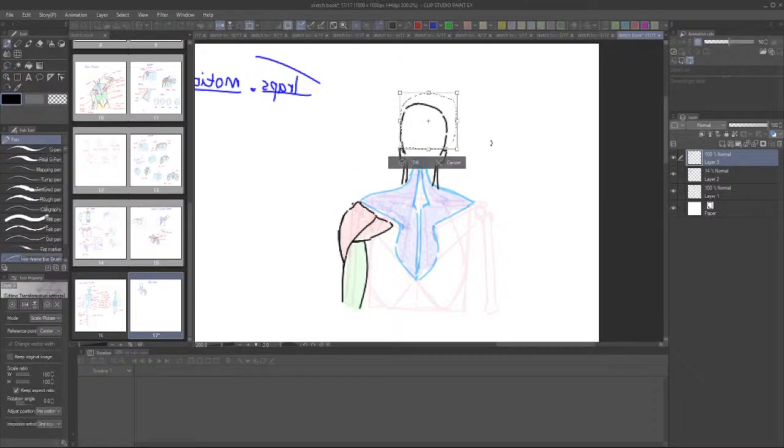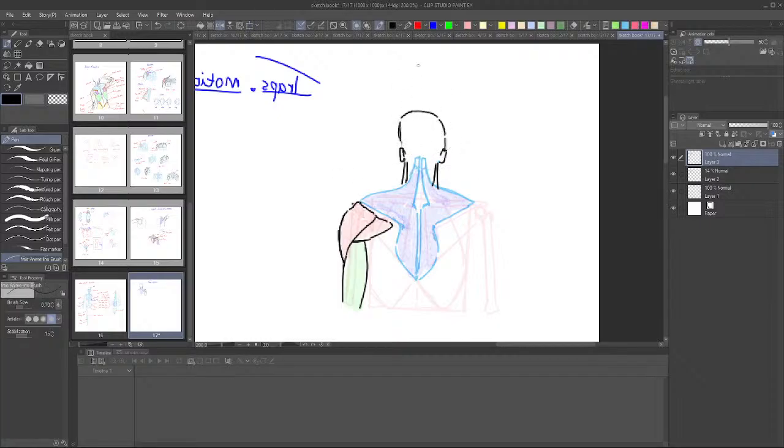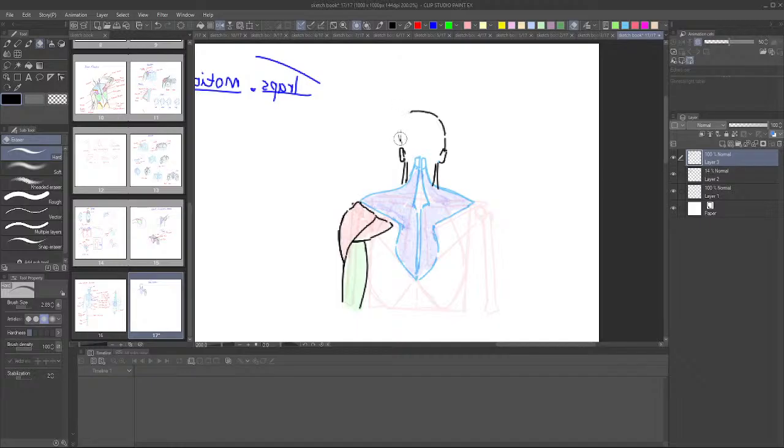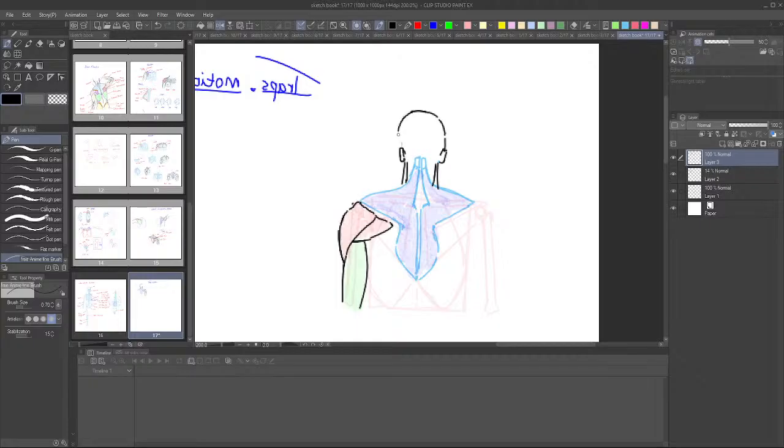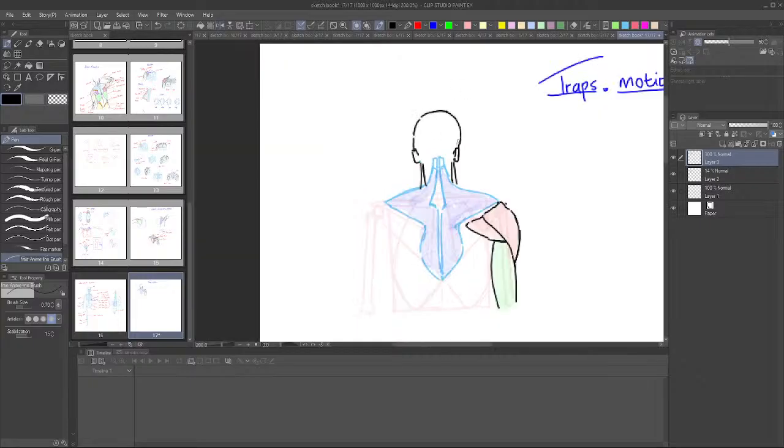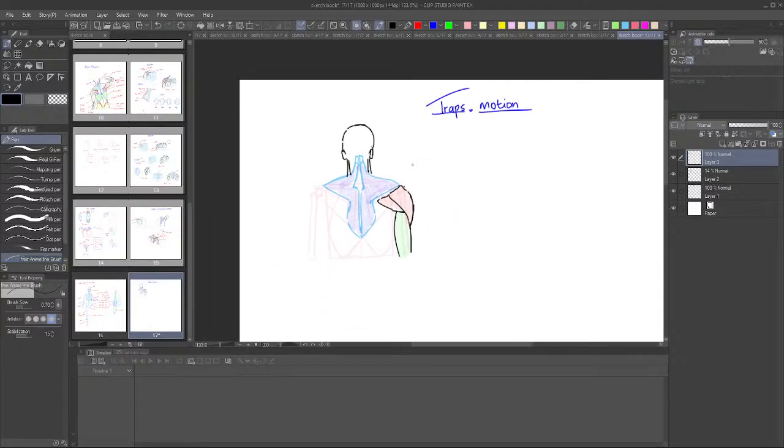Yeah, it is bad. Okay, so let me just review it a bit. He has a long head, I don't know why. Looks bad, but who cares? It's just a sketchbook, okay? So, no worries.